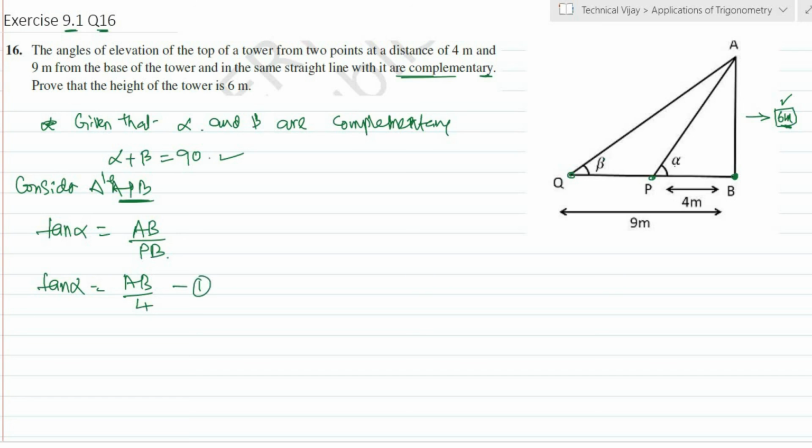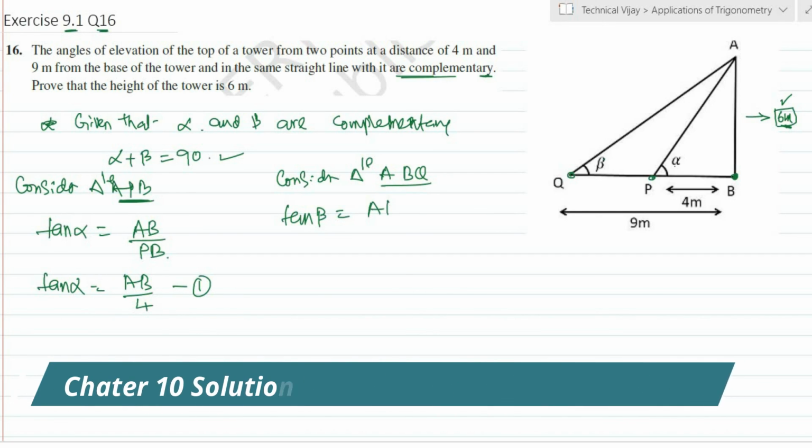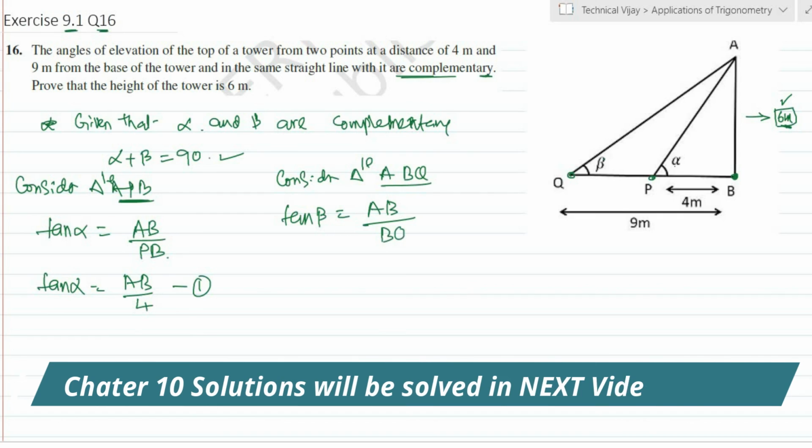This is one equation. Now next consider triangle ABQ. Here tan beta is equal to AB divided by BQ, and BQ is 9. So this is tan beta.